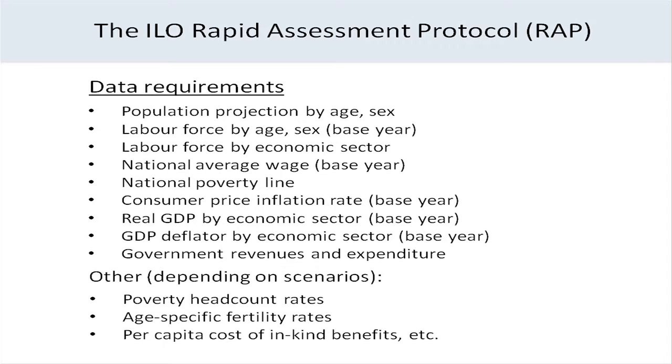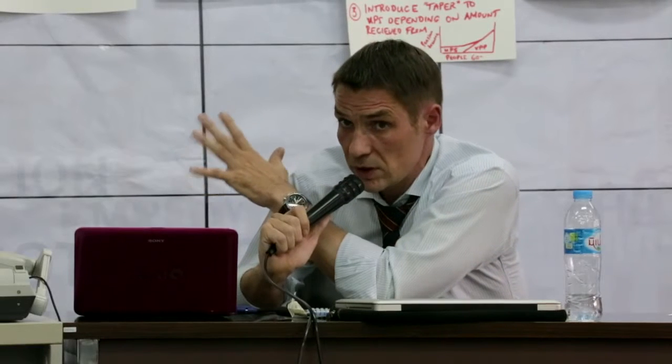Labor force by economic sector, if the data is available, so we can distinguish between the primary sector, secondary sector, and tertiary sector, so the service sector. The national average wage, we have the poverty line. This is quite important, if it's available, as this is the benchmark for setting our benefits.